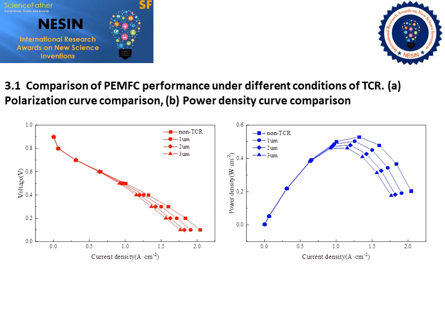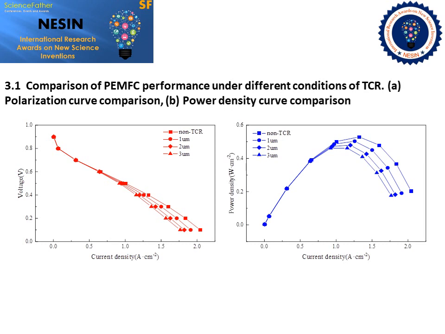Figure 4b shows the cell power density curves of the PEMFC for 4 different TCR operating conditions. When the cell current density is lower than 1 A per cm², the cell power density curves of 4 conditions remain consistent.